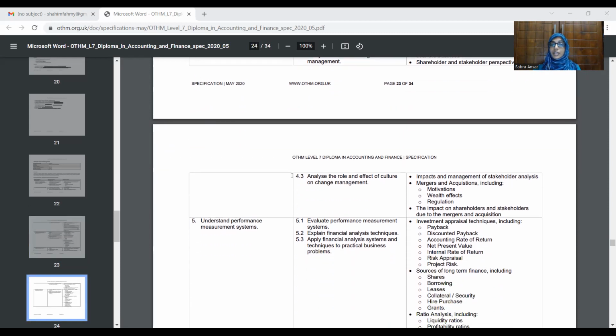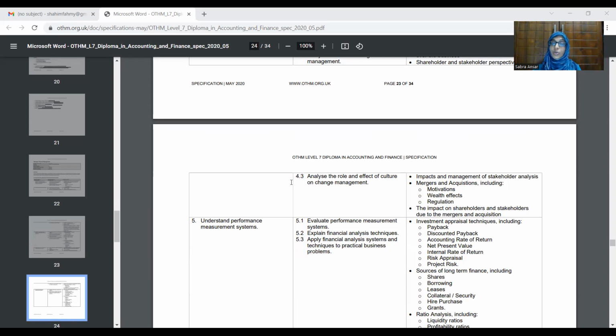Here we will also be talking about the role and the effect of culture on change management, like when there is a change due to a merger or acquisition. Change management is generally talked about under strategic management, sometimes under HRM, where you talk about different theories.